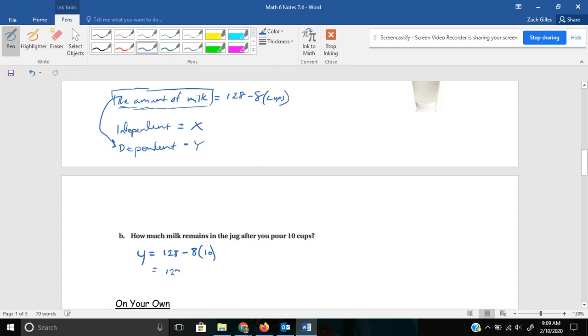So 128 minus 80. And a little bit of math there, you'd come up with 48. And then the label on that would be fluid ounces, oz as an abbreviation. All right.